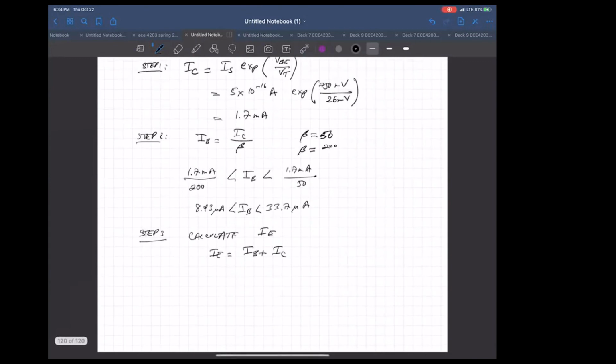Now I sub b is the only varying thing, so I sub e is going to go between 1.693, which is probably too much precision, and 1.719 milliamps.